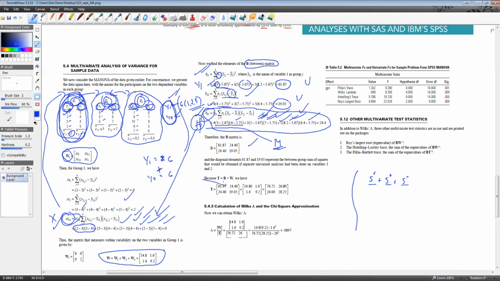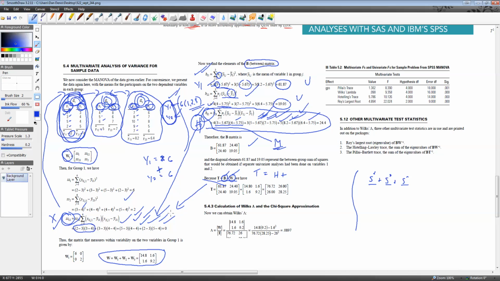So when we put these through, we have T equal to B plus W. We said that we can partition these matrices into between and within, and that's what we get. Sometimes, because this is like the hypothesis, a lot of books say total is equal to the hypothesis matrix plus W. W is accounting for the cross deviation that's not due to group structure.